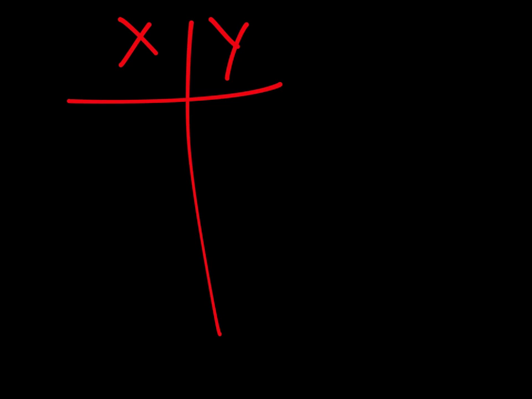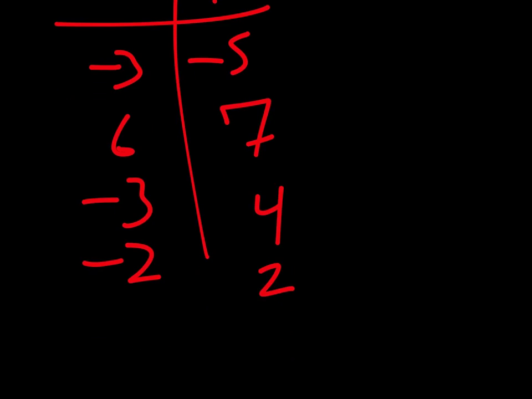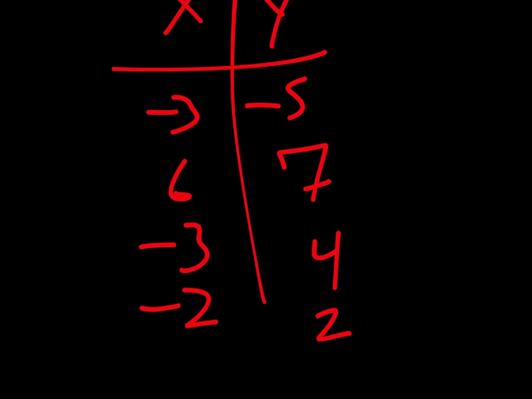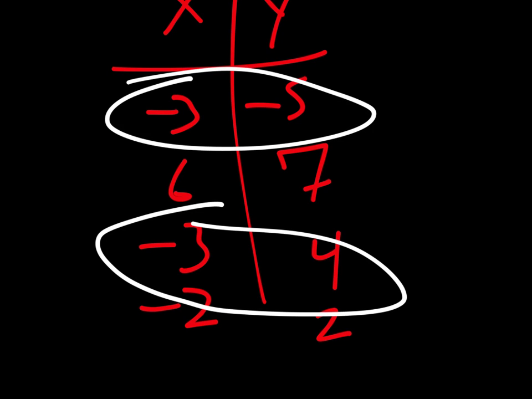Let's do another example. We have an x, we have a y, we have a -3, a -5, a 6, a 7, a -3, a 4, -2, and a 2, okay? So the problem is right here. You have a -3 with a 4 and a -3 with a -5. Which is it? You can't have this and this, okay?